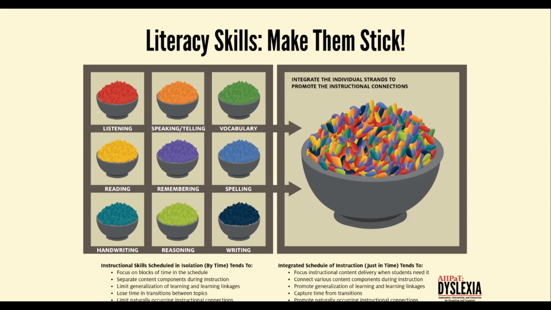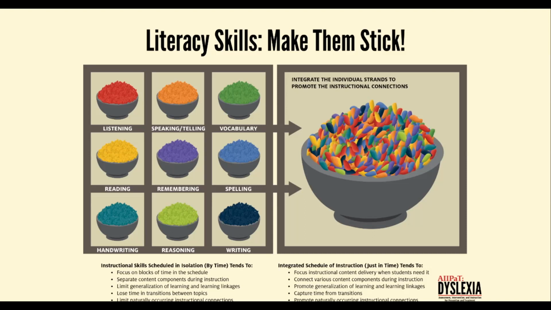Sometimes a school or classroom schedule can look like a grid of boxes. Instructional skills are often scheduled to be taught within specific time bands. Teachers and students start one skill, teach or practice that skill, stop that skill, and repeat the process with the next skill.